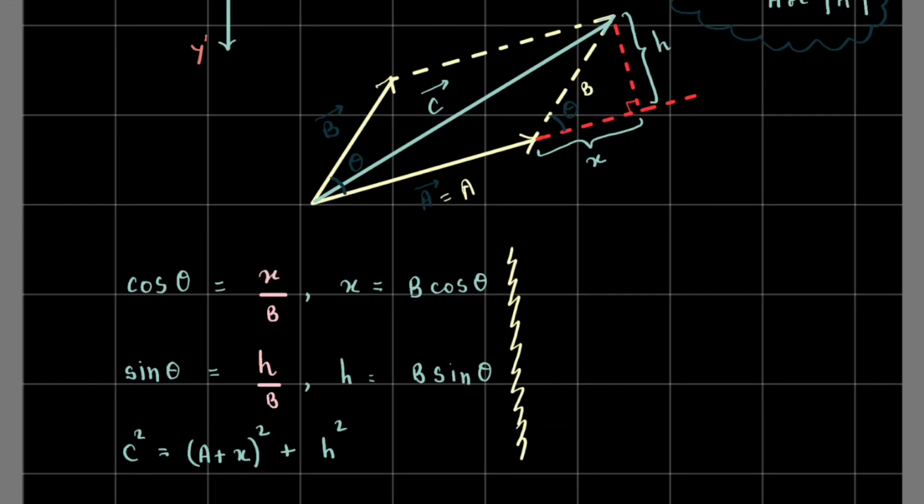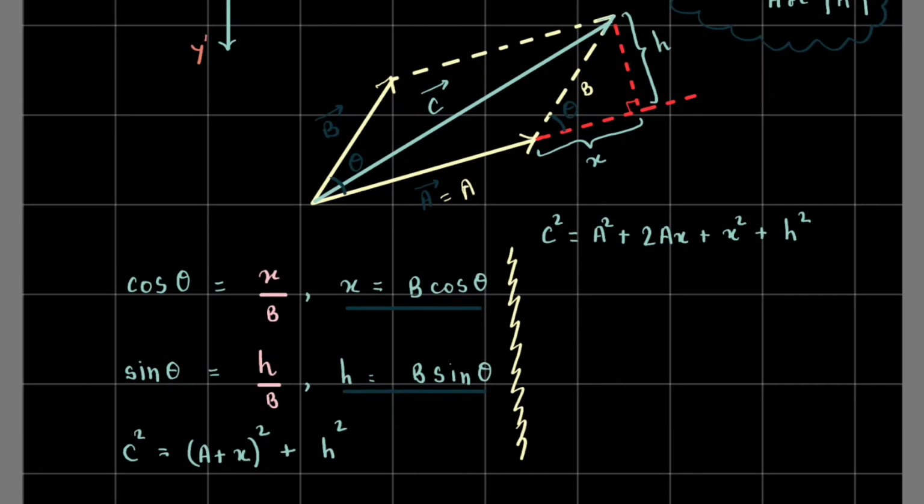Now I'll expand the expression. C square equal to, you know how to expand a plus b whole square, right? A square plus 2ax plus x squared plus h squared. Now we plug in the values. x is equal to b cos theta and h is equal to b sin theta, as we arrived at before.